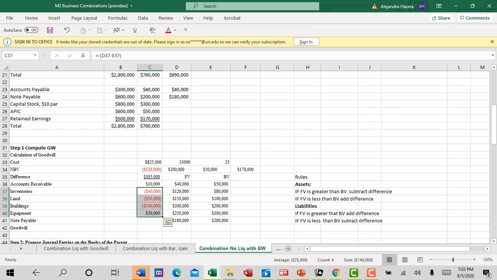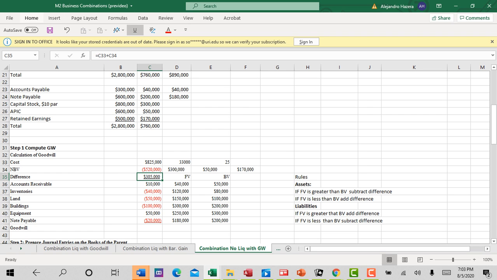Can't apply that formula to a liability because it's different. For the liability, if the fair value is less, then you subtract the difference, which is the opposite of an asset. So we'll just take the difference here, which is negative. Okay, so that should give us the correct answer.